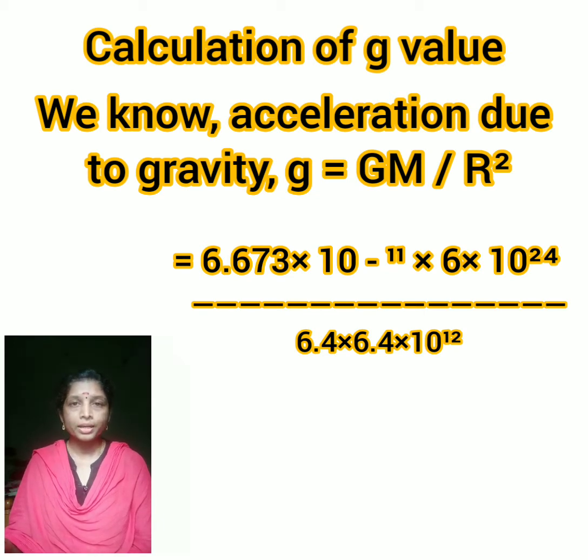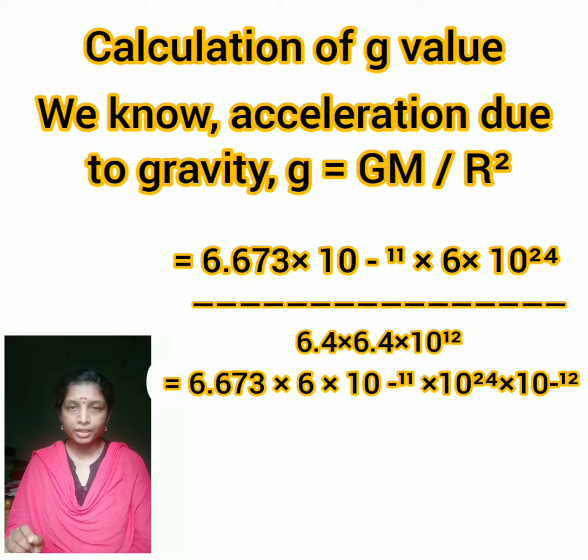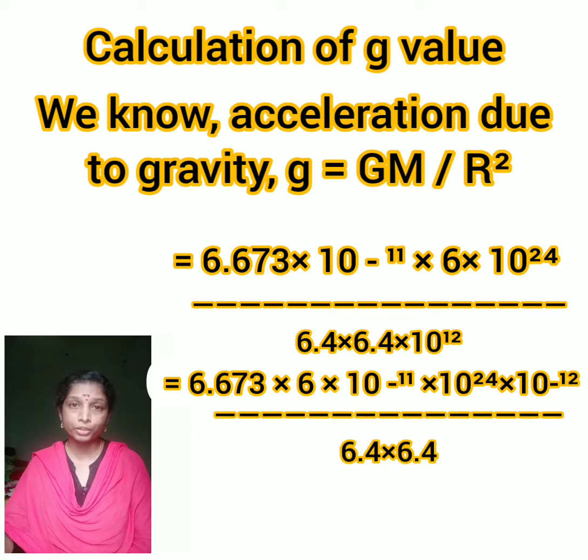Is it clear? Now we can write the 10th powers together. So g is equal to 6.673 into 6 into 10 raised to minus 11 into 10 raised to 24, and 10 raised to 12 we can take up to the numerator.